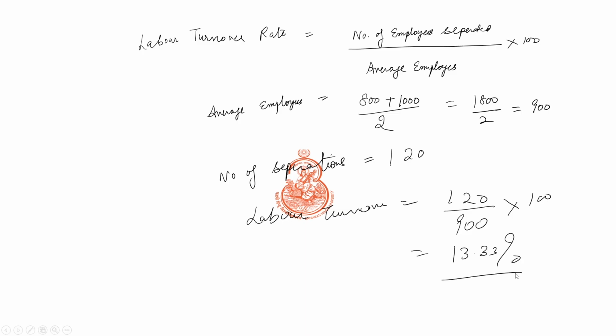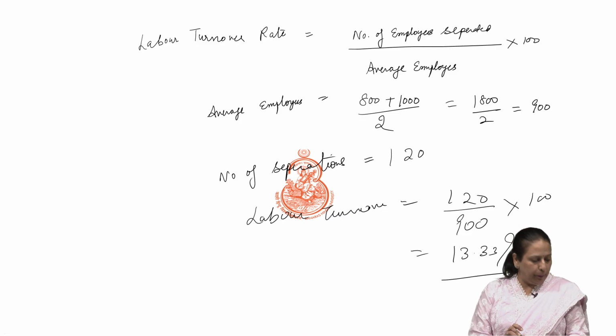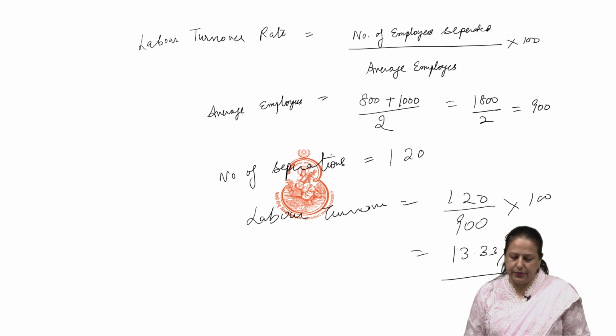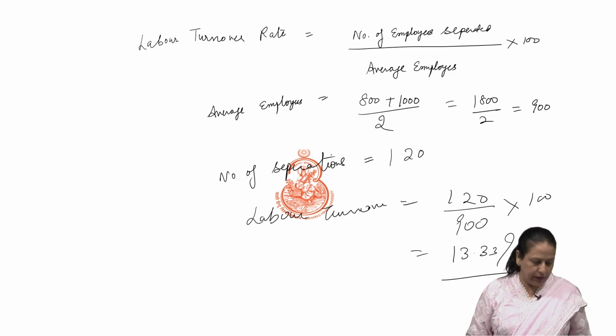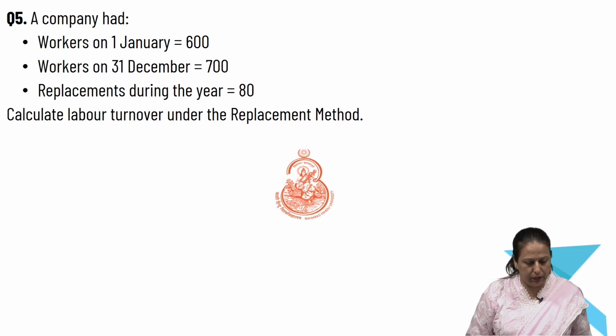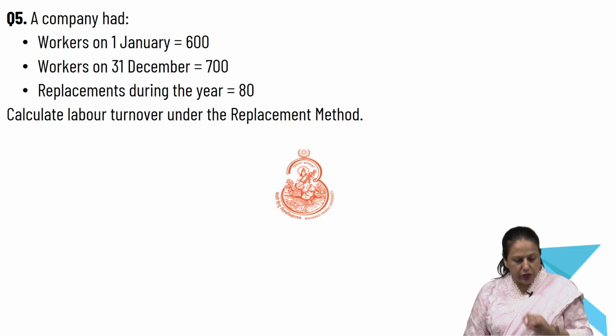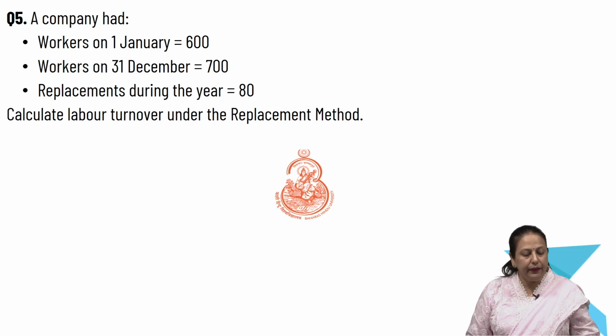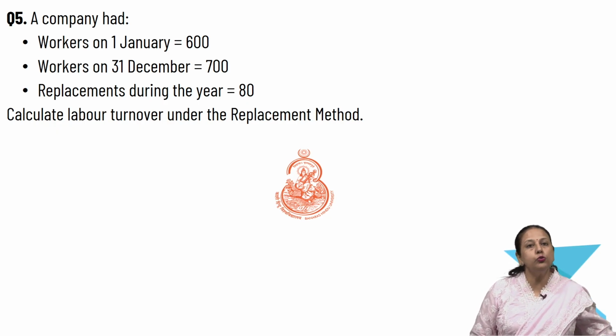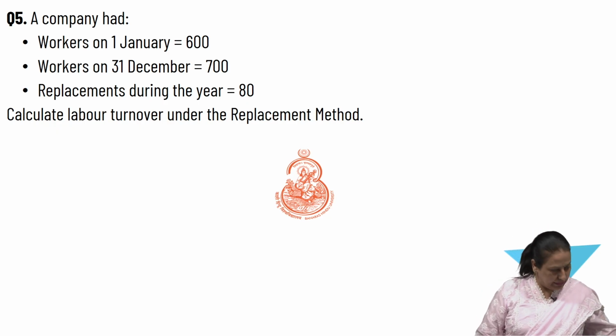This percentage denotes that the number of employees who left the organization during the year is 13.33%. This is the first method. And in the next question, we are going to apply another method of calculating labor turnover using the replacement method.